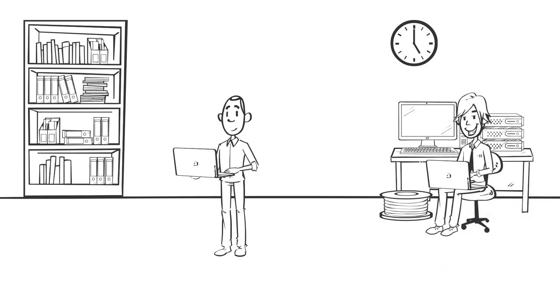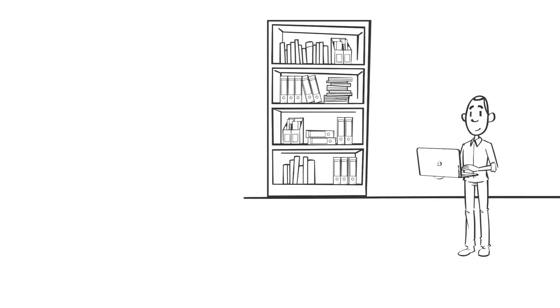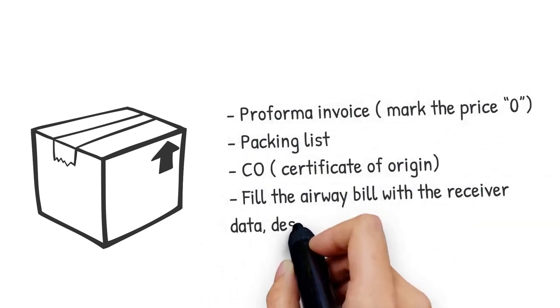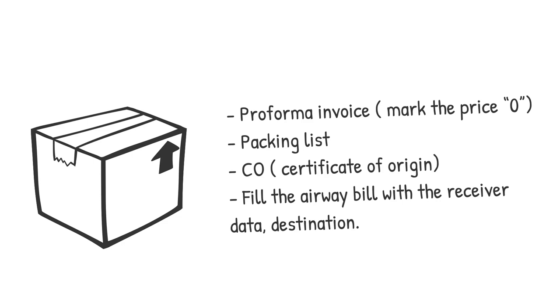Even for sample sending, you need to fill the export declaration, where you mark the product, its HS code and its value. With sample sending, you prepare the following docs: Proforma Invoice, packing list. Sometimes you need to provide a certificate of origin. You need to fill the airway bill with the receiver data and destination.